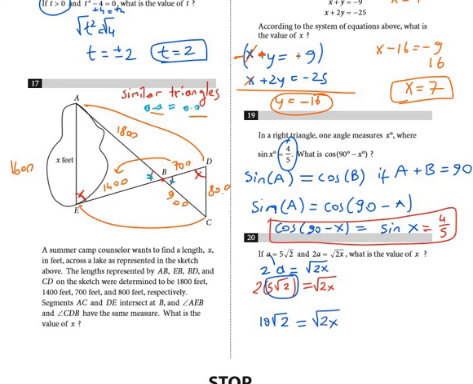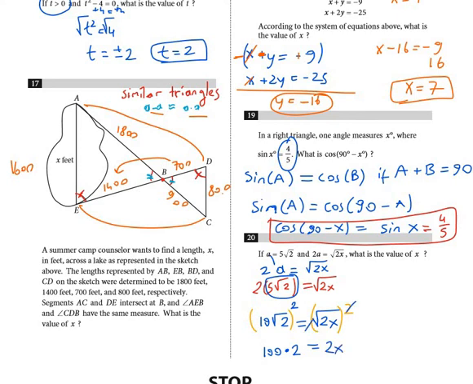Now we have to square both sides. And then we're going to obtain 10 squared is 100 times square root of 2 squared is just 2, and then this is just 2x because square cancels square root.